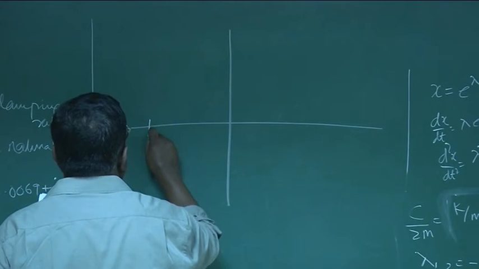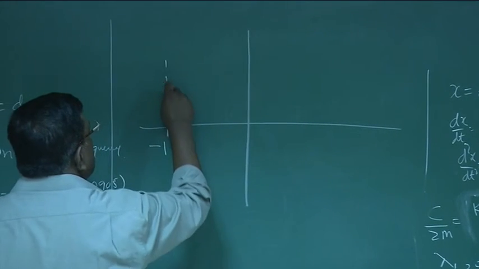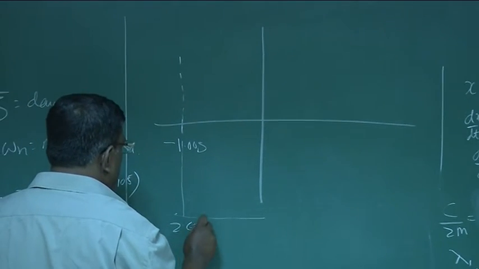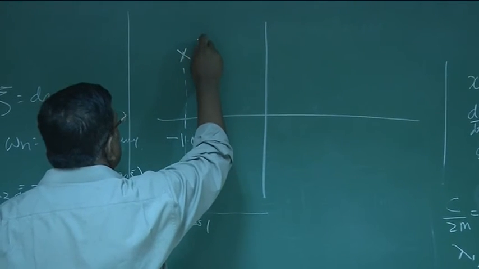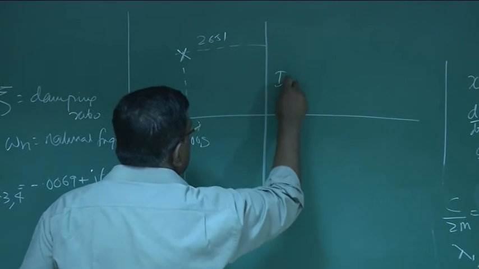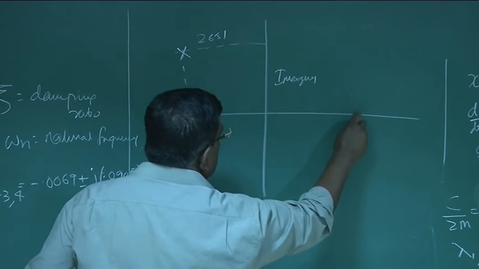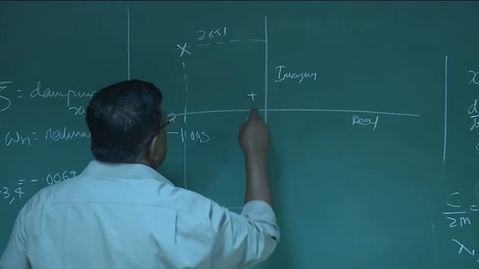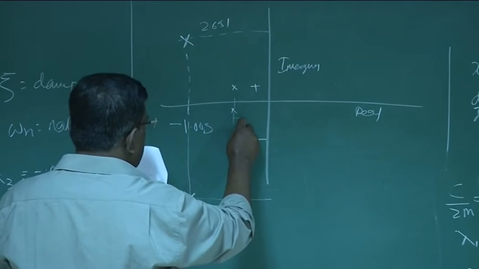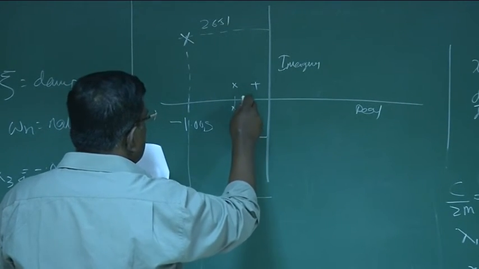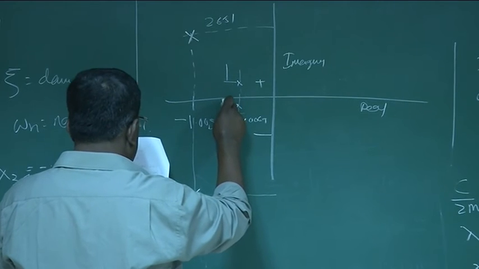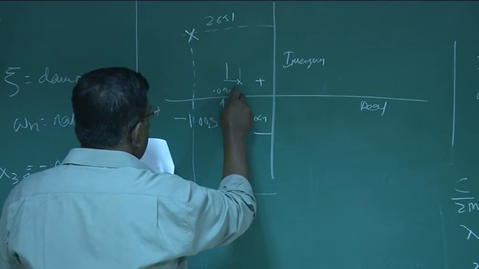Let's say minus 1.008, so something like this, and this is 2.651, one here, this is 2.651, this is imaginary, and this is the real axis, this is of course negative, this is positive, and another pair is given somewhere here, where this value is 0.0069, of course minus, and this value corresponds to 0.0905.